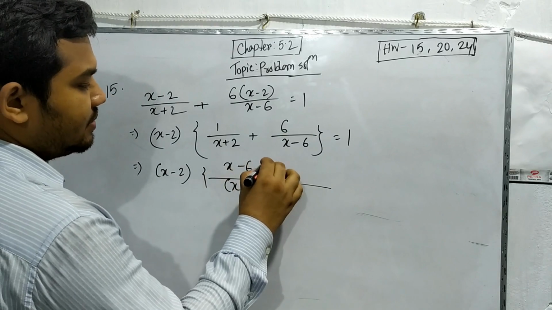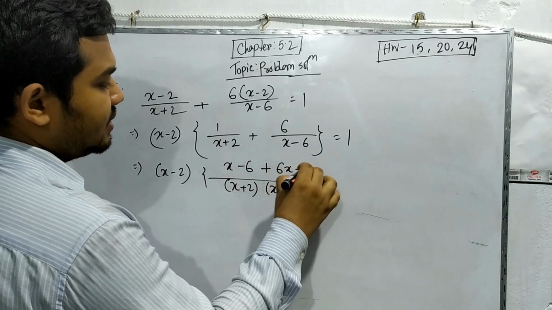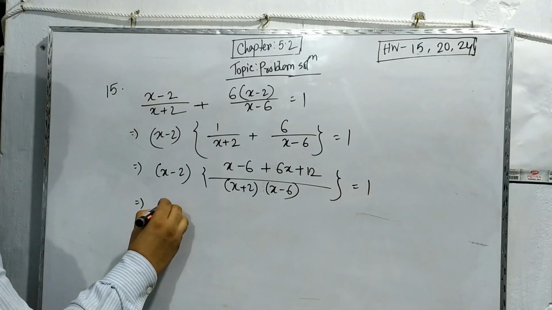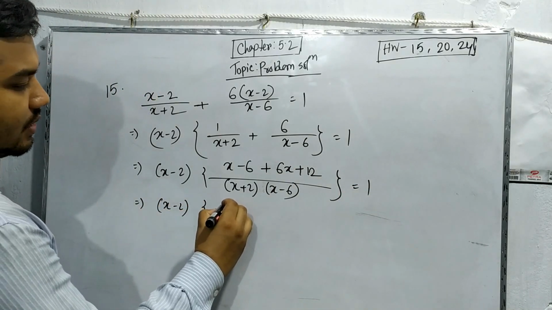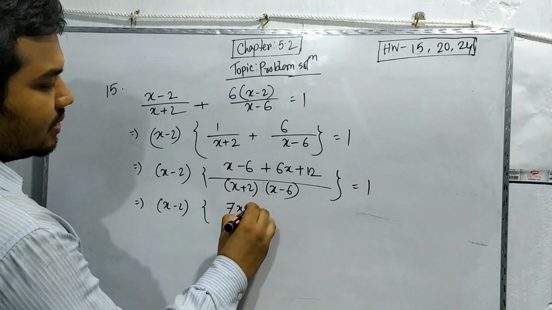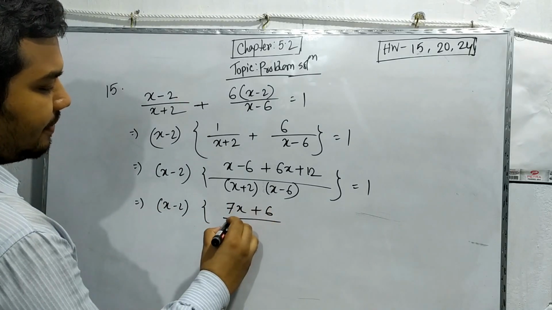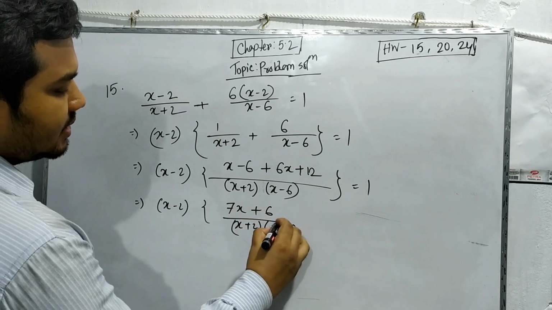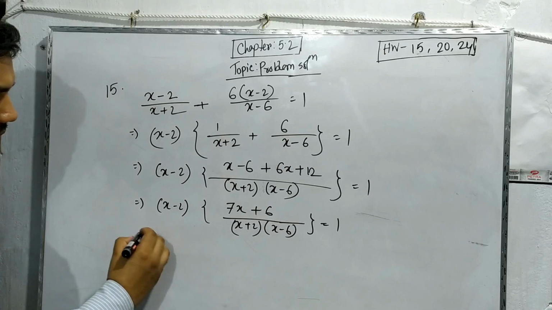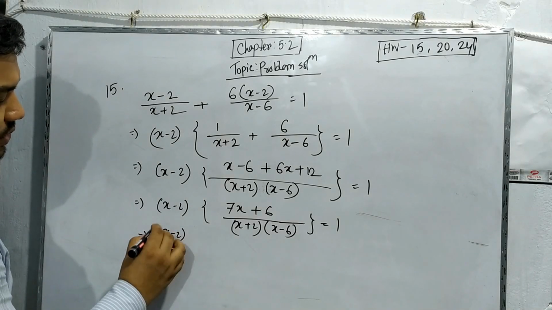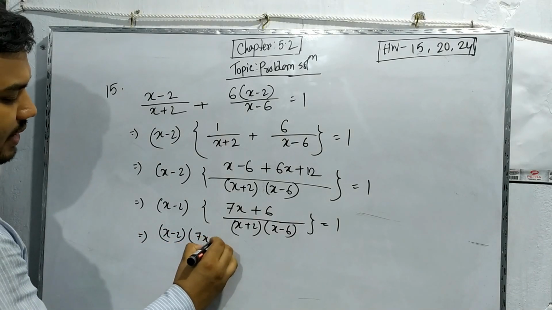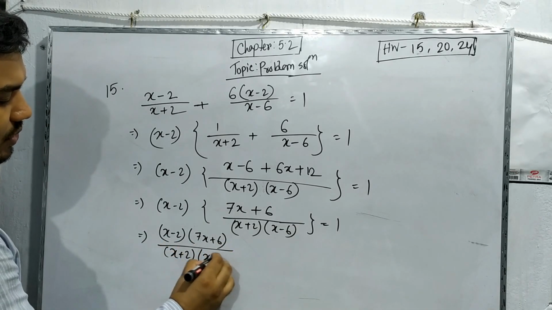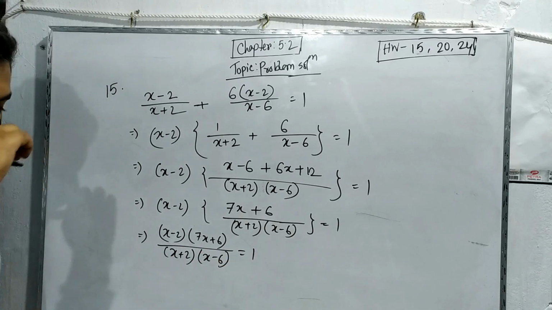x minus 6 plus 6x plus 12. Now calculate it. (x minus 2) into (7x plus 6) by (x plus 2)(x minus 6) equal 1.